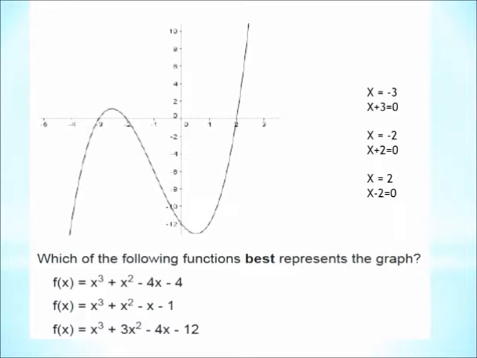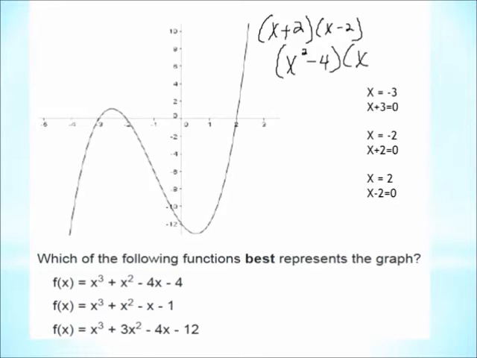So if we take these and begin to multiply them together, and I'm going to multiply my x plus 2 times x minus 2, only because I know that I have a difference of squares problem here. And my result is going to be a very simple binomial of x squared minus 4.